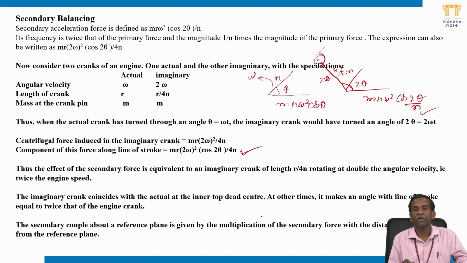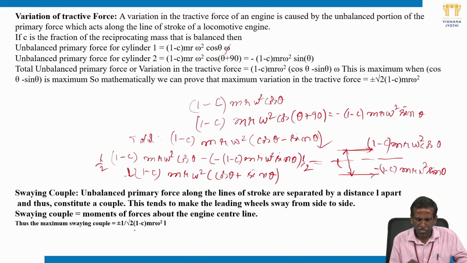Similarly for the couple, this force balancing you have done, but the vertical component leads to a couple. The secondary couple about a reference plane, its magnitude you can write similar to the primary couple, but replace r with r by 4n and omega with 2 omega.